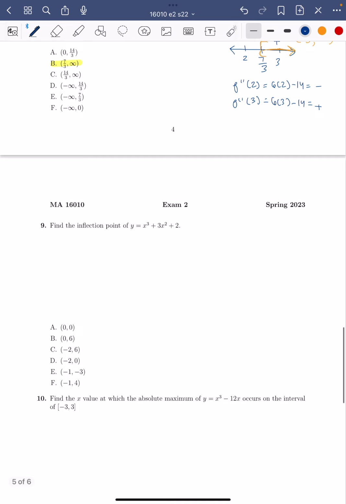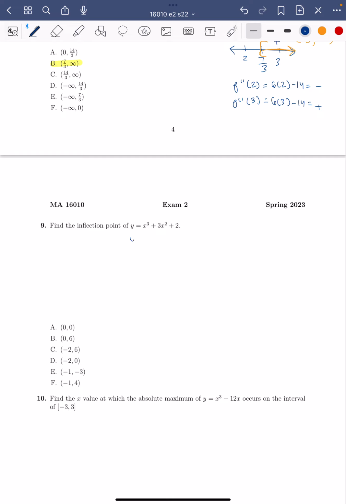Number 9, find the inflection point of y equals x cubed plus 3x squared plus 2. We just talked about concavity on the last question. Again, the second derivative, wherever it equals 0, is the inflection point. So let's go ahead and start by finding the first derivative so we can find the second derivative.